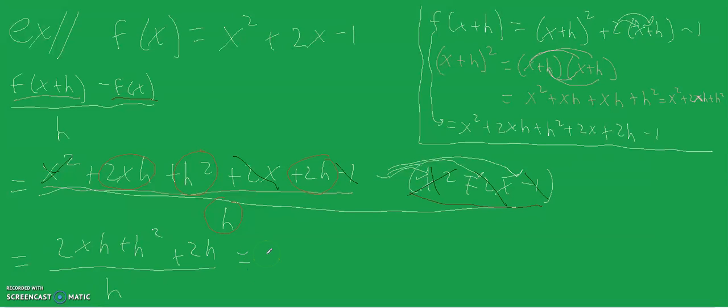Now, when I have a fraction like this, I take every term in the numerator and divide it by h. So in the first term, these h's are going to cancel out. No, let's not do it like that. Let's rewrite it like this so we can see what's going on. So I can break it up like this.